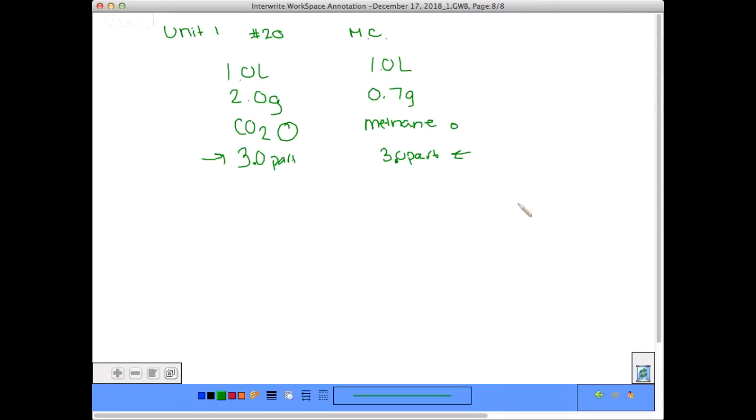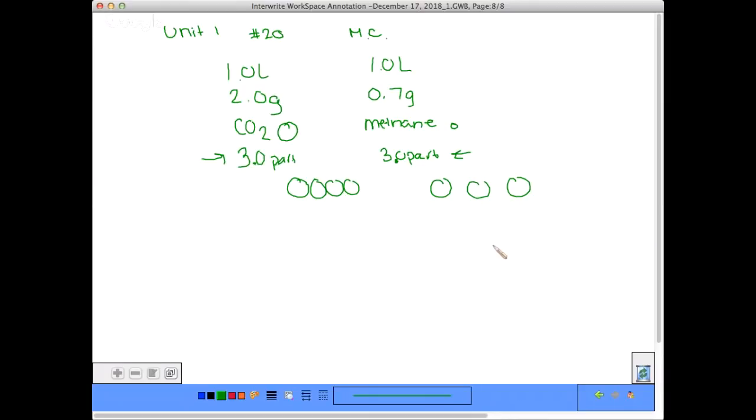Let's go on and look at the other ones. The carbon dioxide particles are closer together than the methane particles. Okay, so if they're closer together, maybe they're going to look something like this compared to maybe a little bit more spread out, which means that our density would be different.